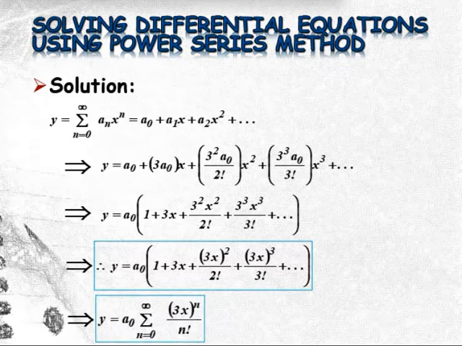So, we can say that the solution to the given first order differential equation is y equals a sub 0 times the summation of 3x raised to n over n factorial from n equals 0 to infinity.